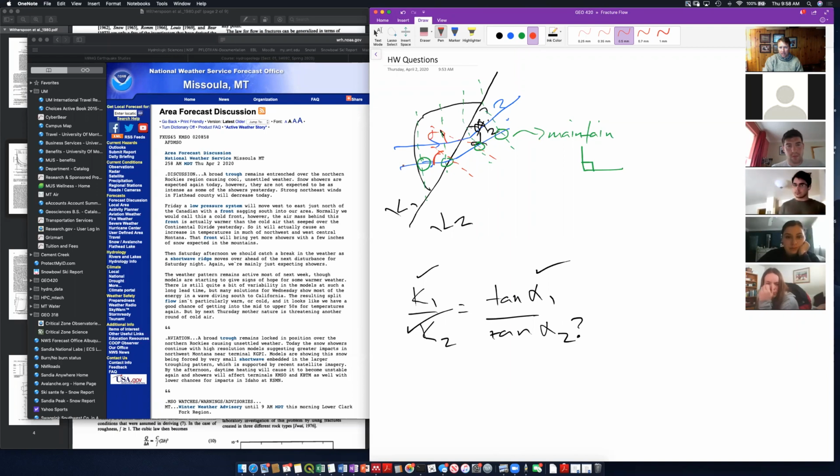It's the angle of the flow path with the normal of this plane. And that alpha should be the same for all of these flow paths. You should always get the same alpha. So it's got to be this angle, the angle of the normal and the flow path. And then you'll get this guy, alpha 2, which is the angle of the normal and the flow path.